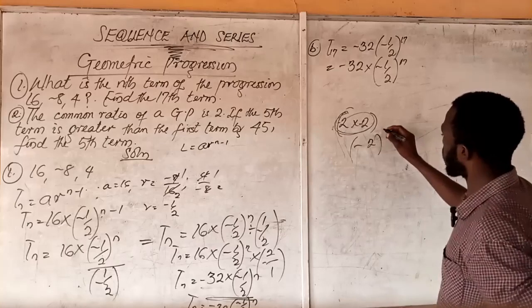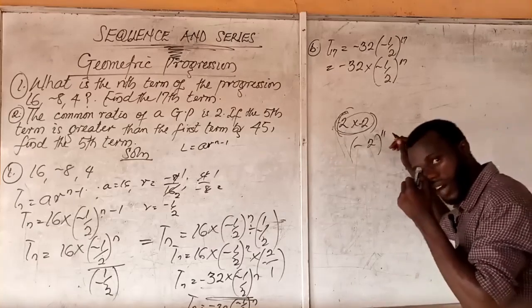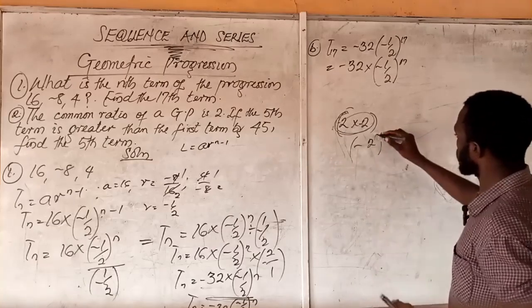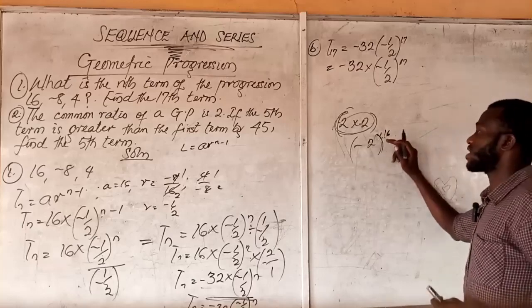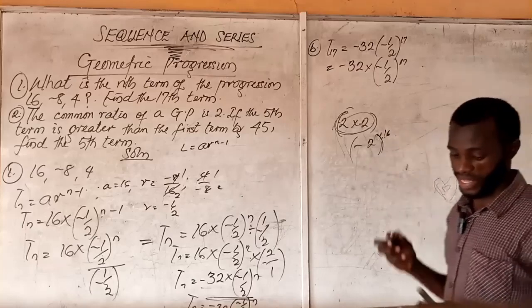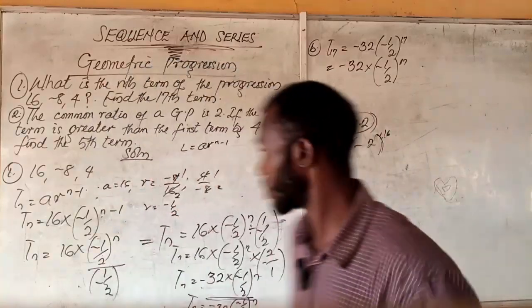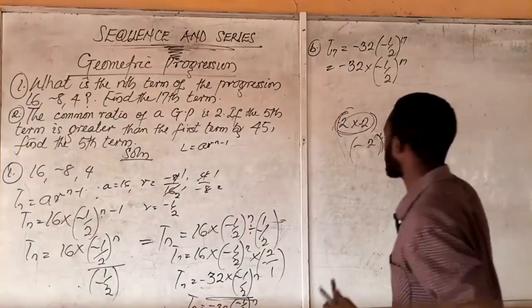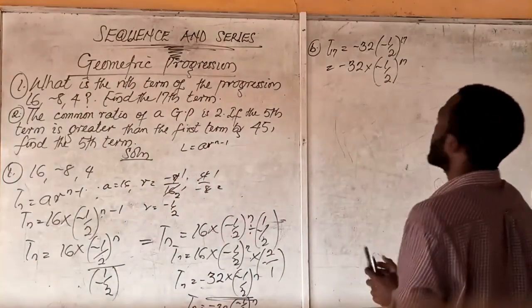Now if it's an odd power, let's say 11, our answer is going to be a minus. If it was 16, our answer is not going to be a minus. Alright, keep that in mind. Because it is even, the minus will cancel out. So here it is odd.